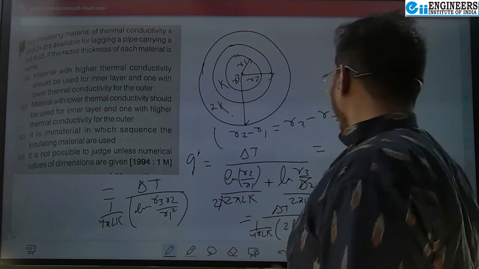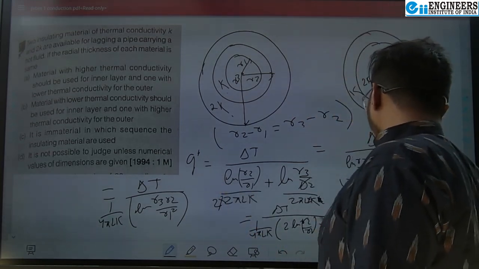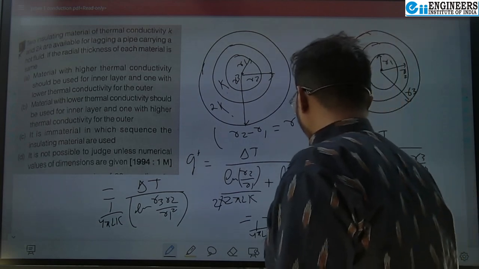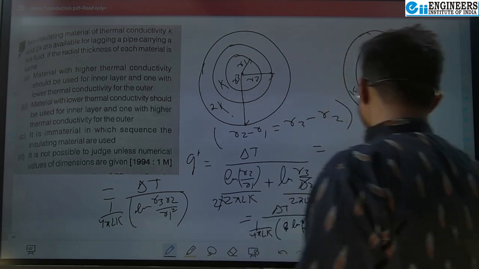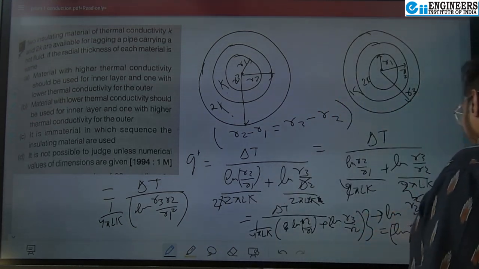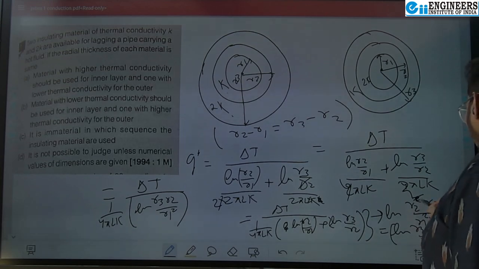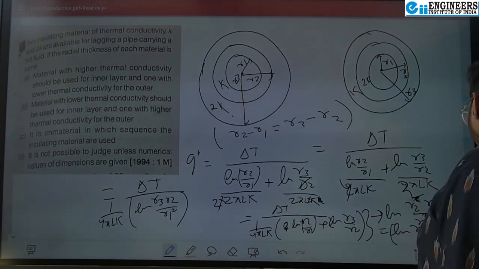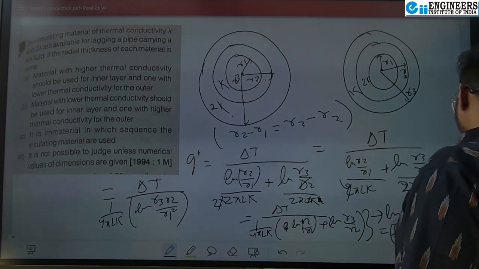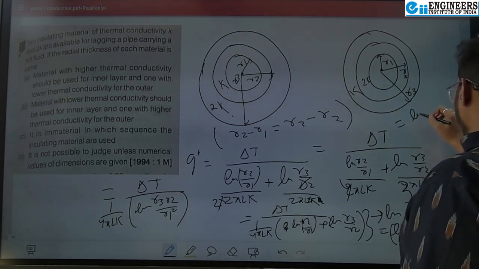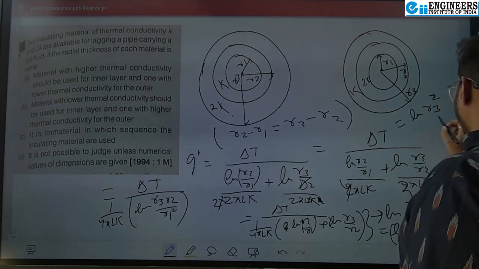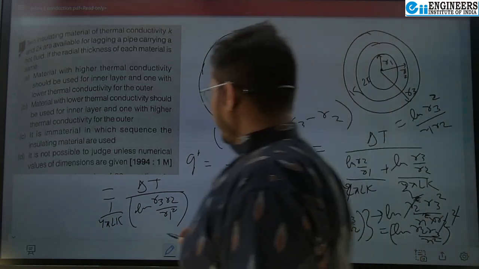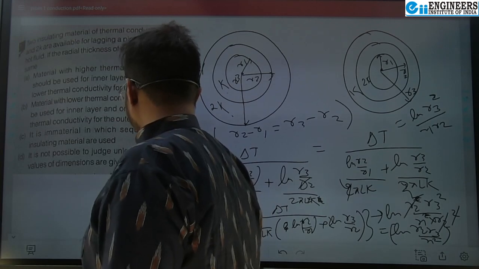Now taking 1 by 4 pi Lk common, this will be ln R2 by R1 plus 2 ln R3 by R2, then ln R3 into R2 into R3 square divided by R1 into R2 square. So this will get cancelled, and this will become ln R3 square divided by R1 R2.